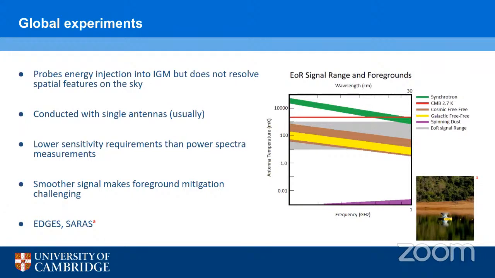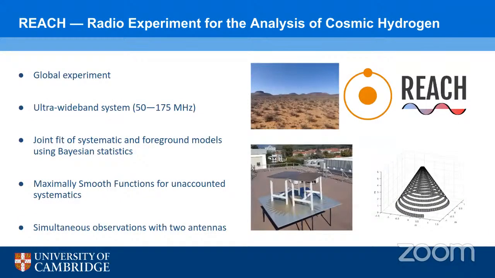I mentioned EDGES before, and another global experiment that uses this kind of technique is SARAS, which is shown on the bottom right. My research in particular is with REACH, the Radio Experiment for the Analysis of Cosmic Hydrogen, which is a global experiment that intends to advance the field with features such as an ultra-wideband system, the joint fit of systematic and foreground models using Bayesian statistics, the identification of unaccounted for systematics through maximally smooth functions, and the building of redundancy through simultaneous observations using two antennas, shown here on the bottom.